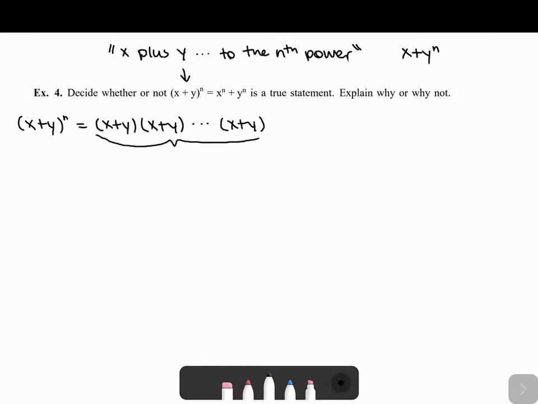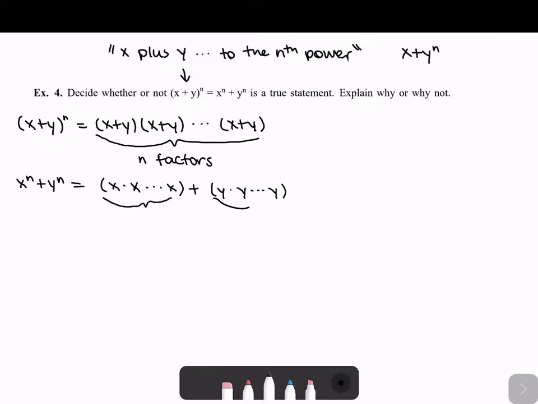That's what the definition of exponents tells us. Then we have n factors, or n copies, here. But x^n + y^n is what? We take x multiplied by itself n times, and we add it to y multiplied by itself n times.